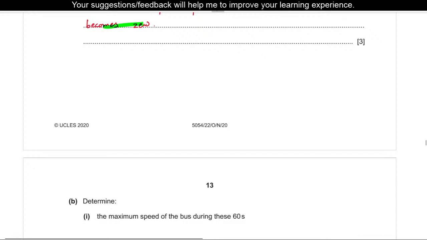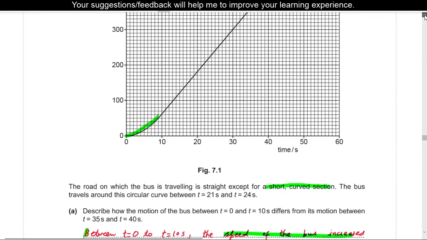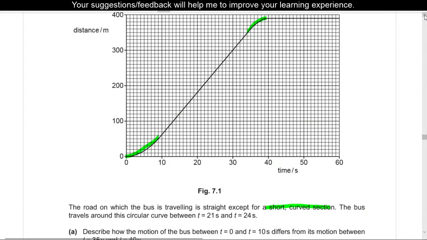So let's take 2 points. Let's take for our ease 20 and it is 180 here, and second one at 30 and 300. So we have gotten 2 points.